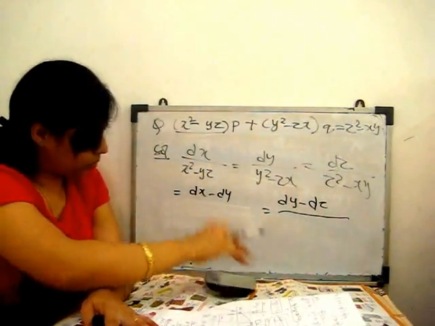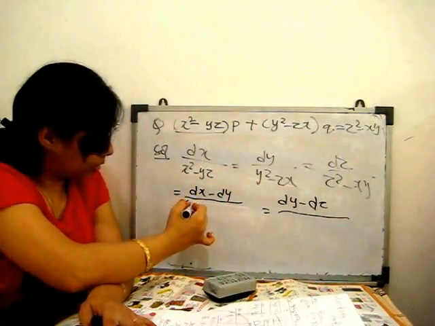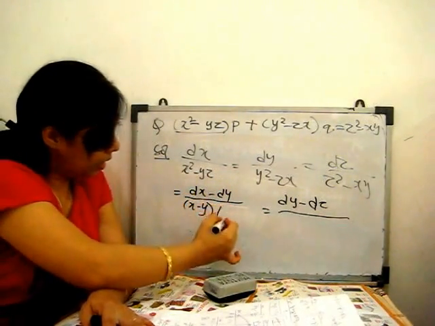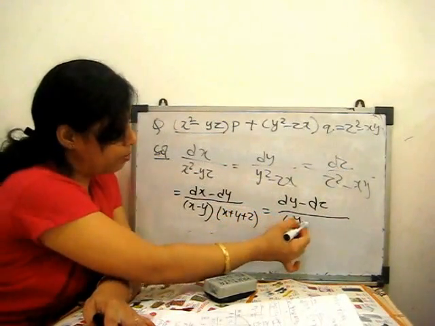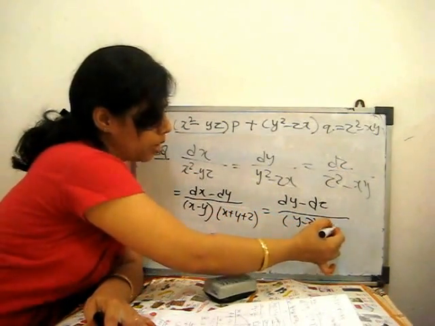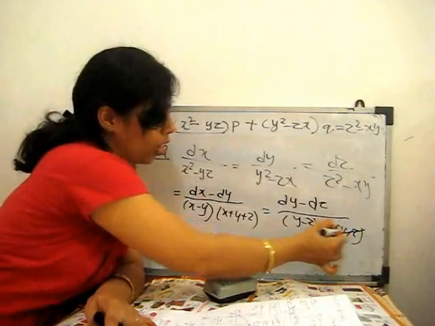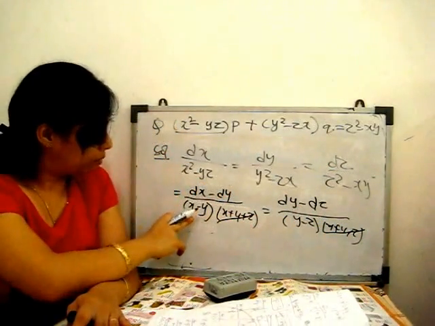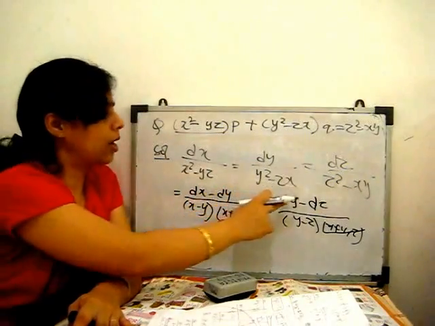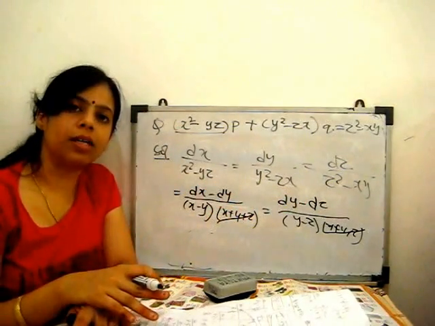So what is here? x minus y times x plus y plus z. Similarly here y minus z times x plus y plus z. So x plus y plus z cancels out. We are left with dx minus dy upon x minus y, and dy minus dz upon y minus z.